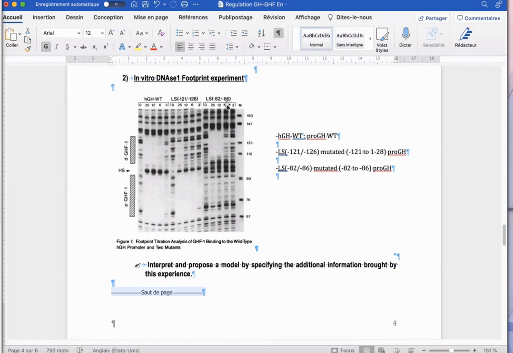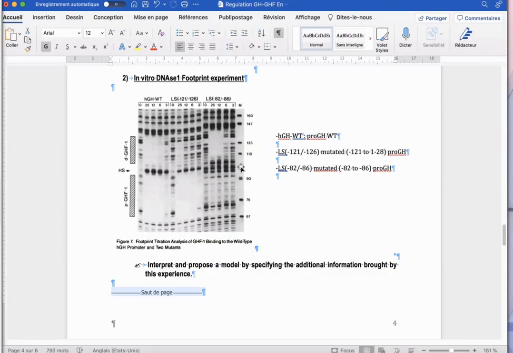The second type of mutation is between -86 and -82, and this is what corresponds to this part of the sequence.